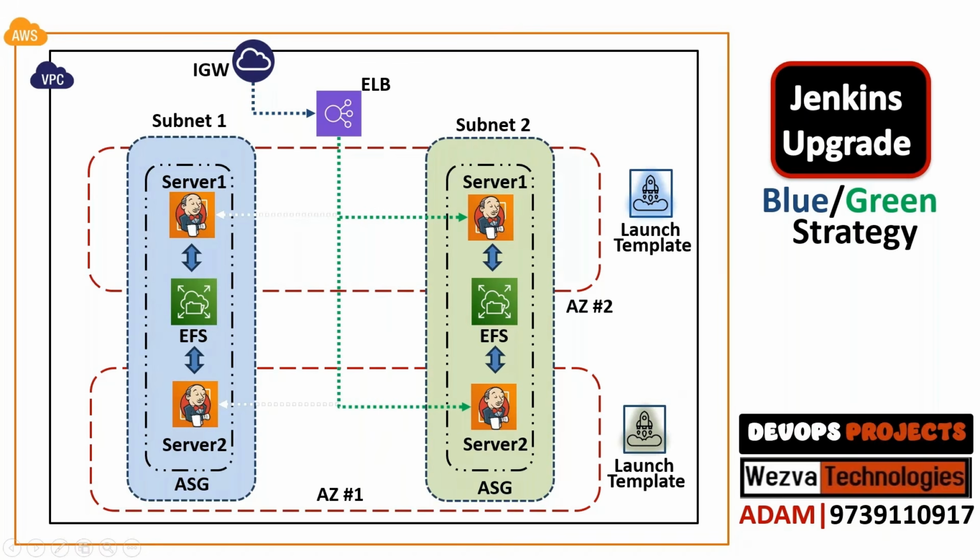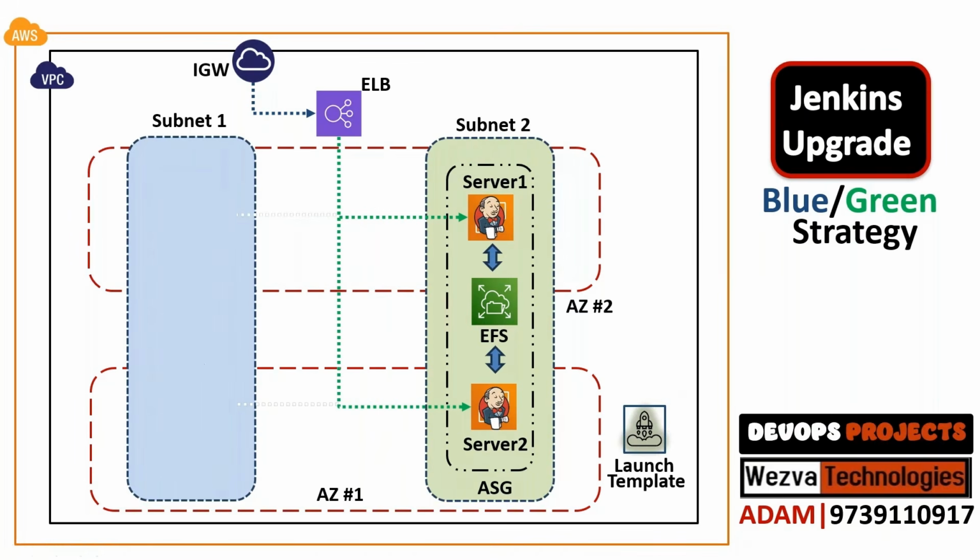Okay, so this is how what we will do once in a while. That is, for example, now after 3 months, another AMI is being built. That is, another golden image is built with a new version. So what you will do, create a new auto scaling group. So this time the current active is green.